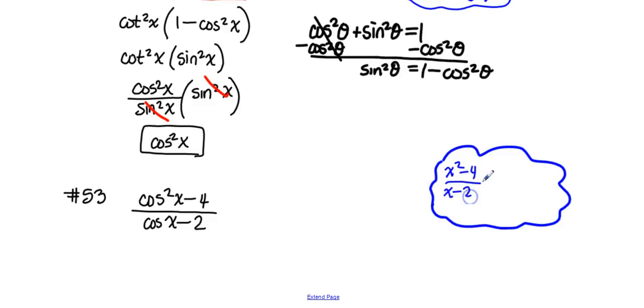How would you factor this? I'm hoping we're saying, ooh, x squared minus 4, difference of squares, divided by x minus 2. Those x minus 2's will cancel, leaving behind x plus 2 as an answer. So let's see how this applies to our example over here.